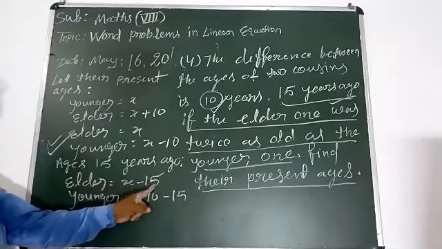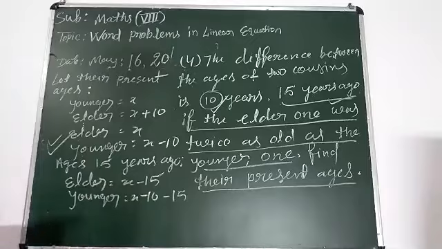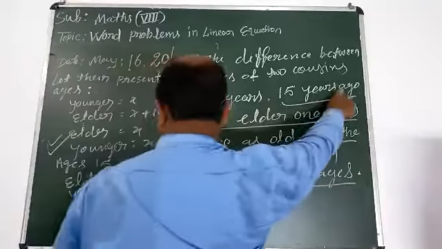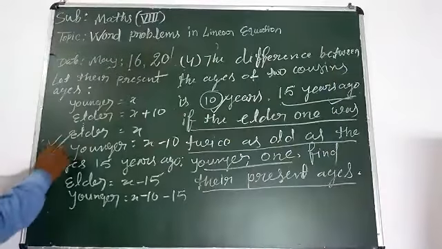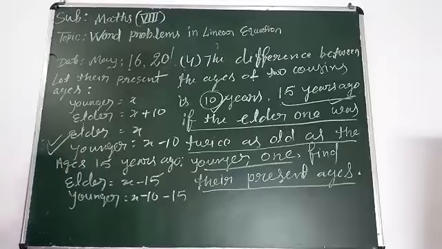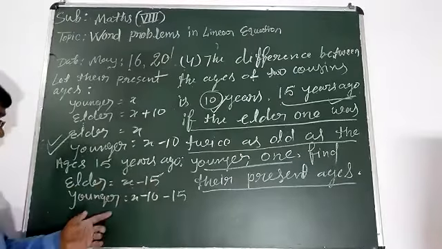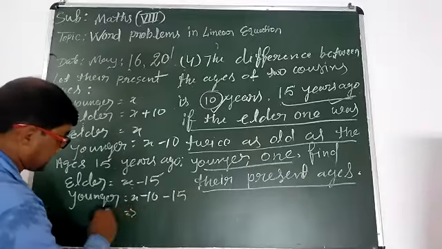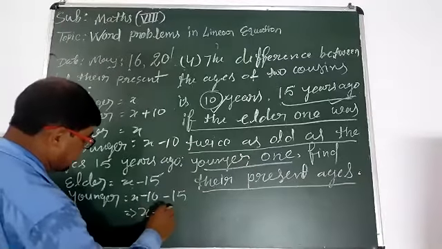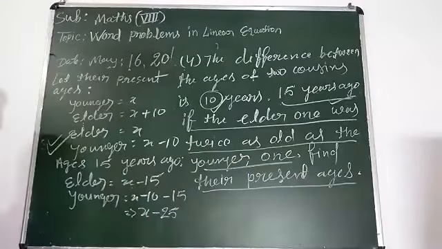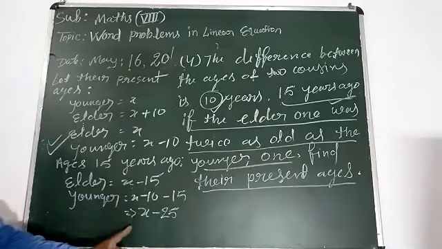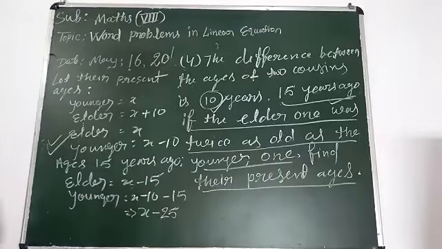Elder is x minus 15 because that is the method for 15 years ago, and these two are the present ages. You are going in the past. So elder will be x minus 15 and younger will be x minus 10 minus 15. After simplification, this is x minus 25.